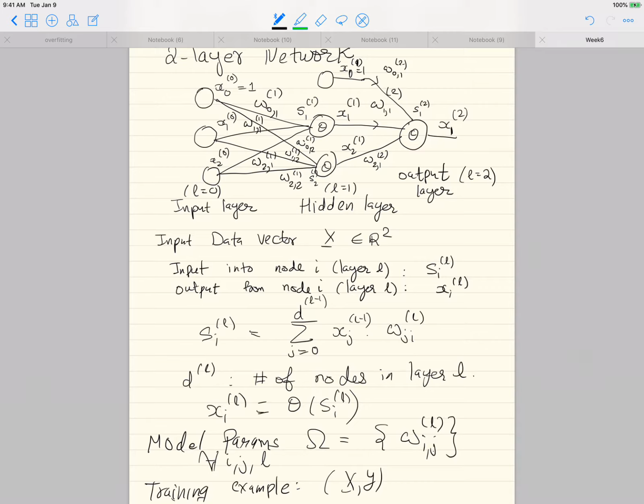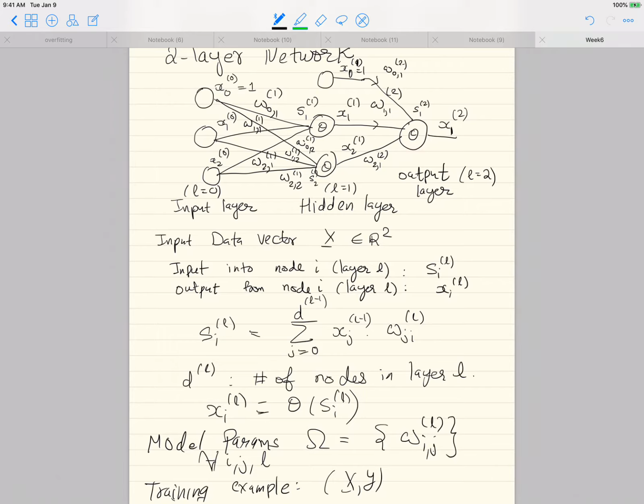Y is the ground truth, the label that you have. You don't use y in the forward pass. You feed x into this network, do the forward propagation, compute the output value and see how close it is to y.